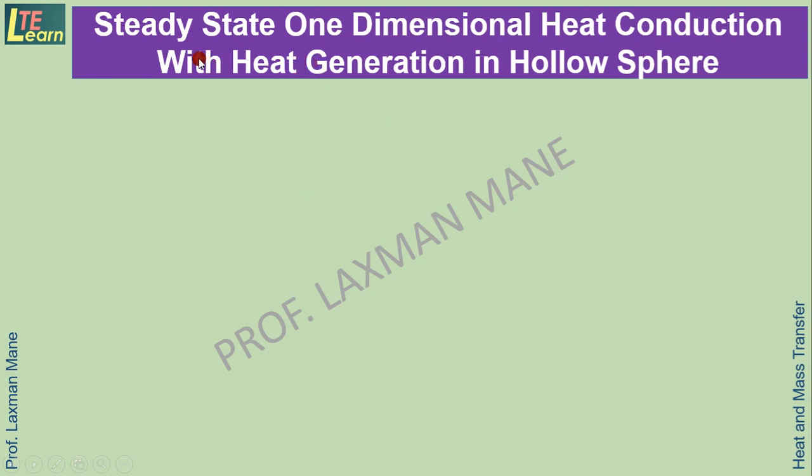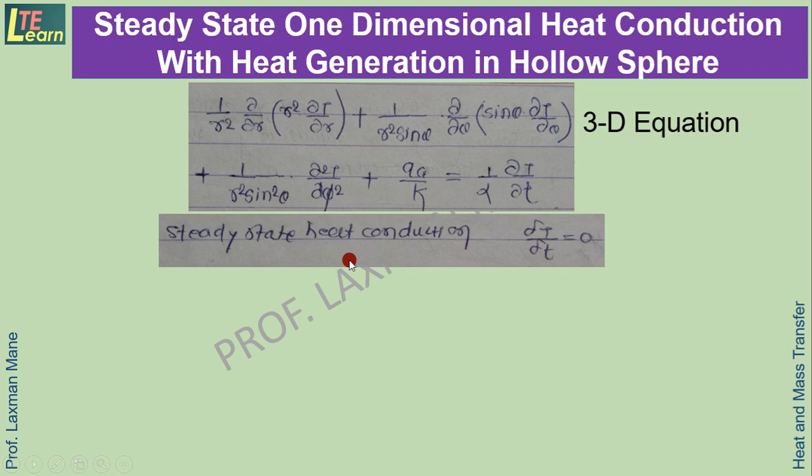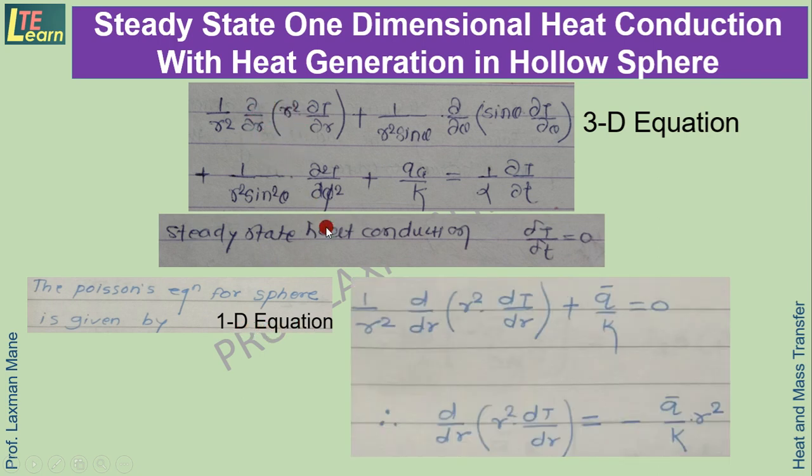Now the third case is for a hollow sphere. Here is the three-dimensional equation for a hollow sphere. For steady state, the right side is 0. The equation is called Poisson's equation in such cases, and we consider one-dimensional, so only the first term, that is 1 upon r square d/dr of r square dT/dr, plus q by k, meaning internal heat generation, is equal to 0.